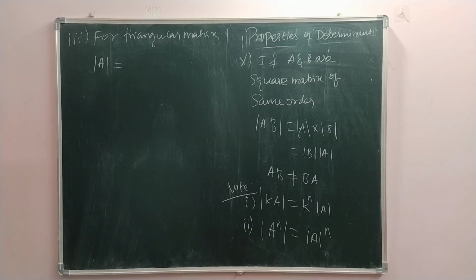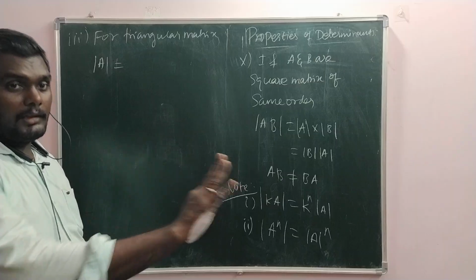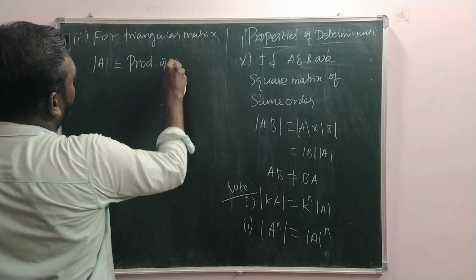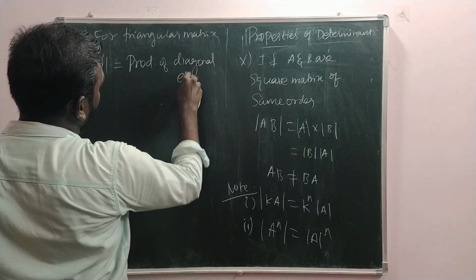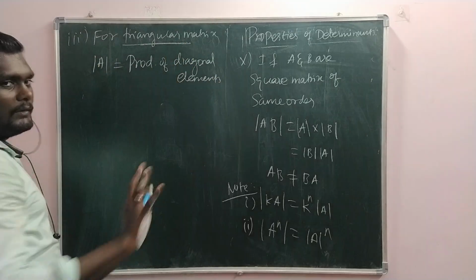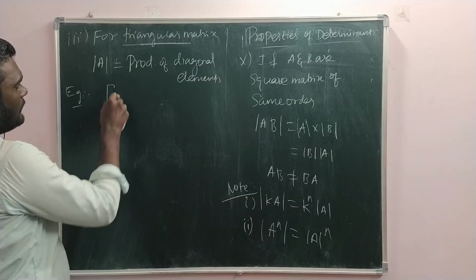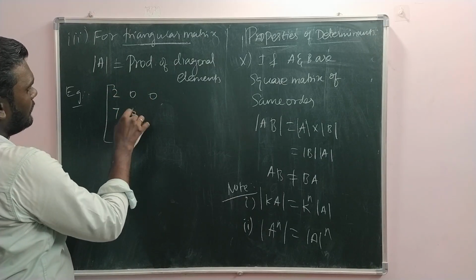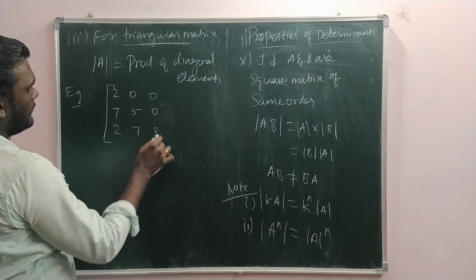Okay. Then what was I talking about? See, for a triangular matrix, the determinant value is simply the product of the diagonal elements. Only for a triangular matrix, not for other matrices. For example, take the matrix with rows 2 0 0, 7 5 0, 2 7 8.